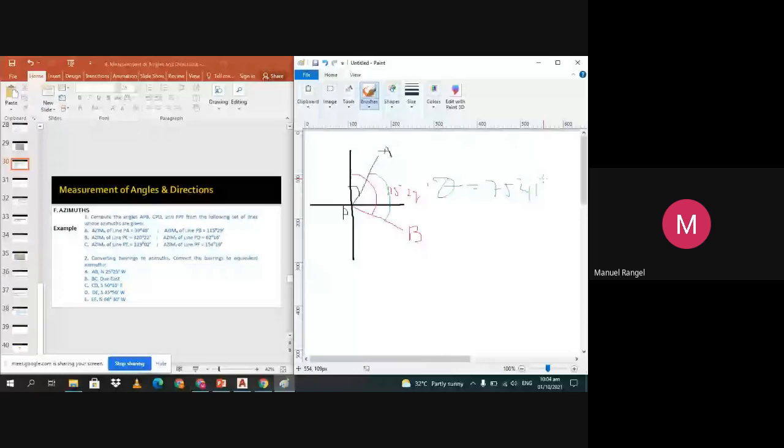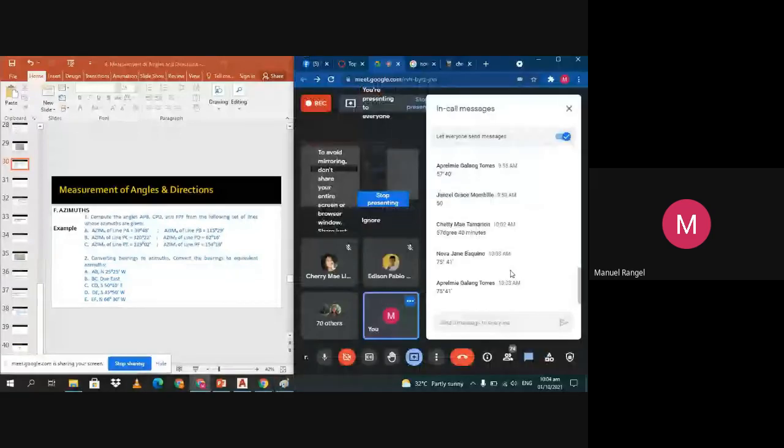Okay. For letter B, the azimuth of line PC is 320 degrees 22 minutes, and the azimuth of line PD is given as 62 degrees 16 minutes. So what is the angle CPD?